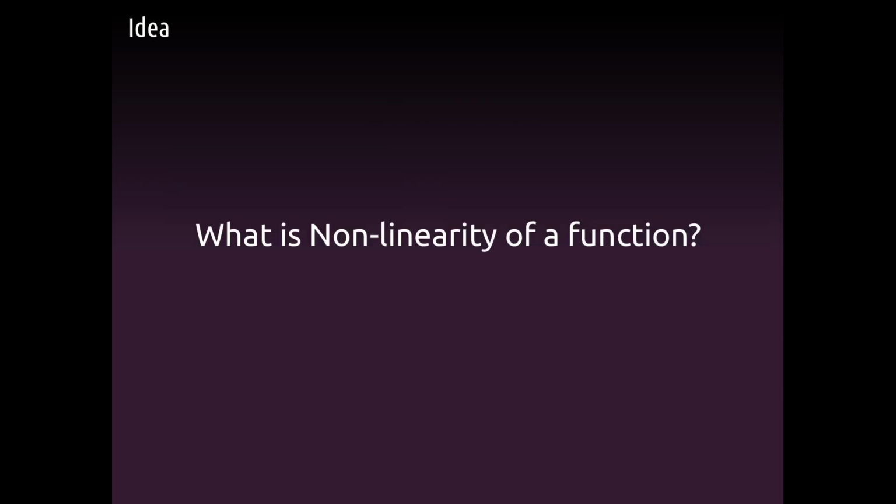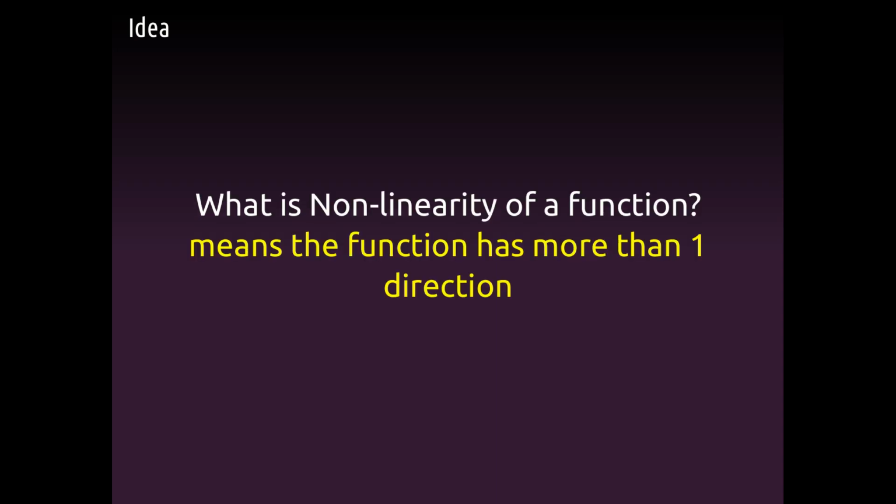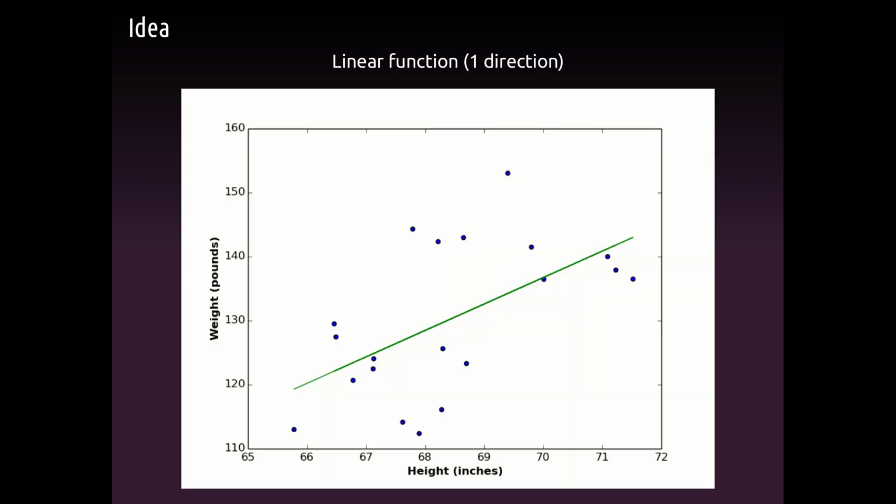So before I jump to the theory of nonlinear regression, I want to explain briefly what we mean by nonlinearity of a function. Actually, we call a function nonlinear or polynomial if this function has more than one direction. So for instance, in the linear function, we call it linear because it has a single direction over all of its domain.